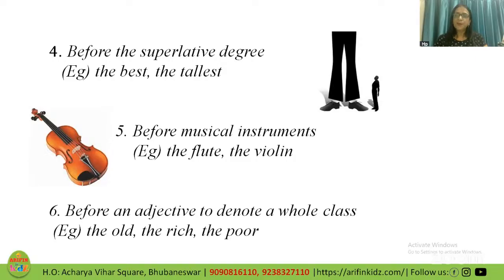When we say the police, it is not one. When one police is there we say the policeman or the policewoman, but when we say the police, it's a group of police. Same way, the old is a group of old people. The rich, a group of rich people. The poor, a group. Whole class means group here.